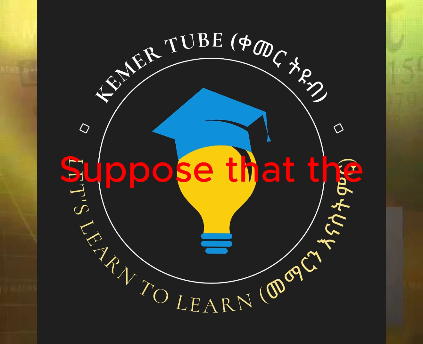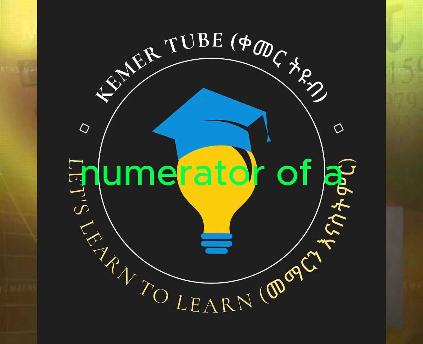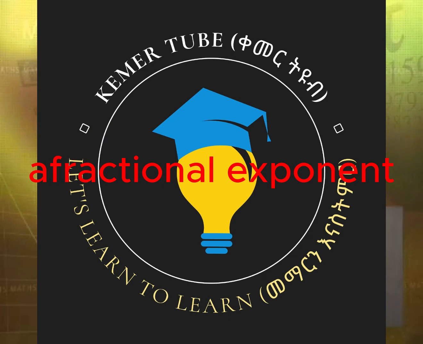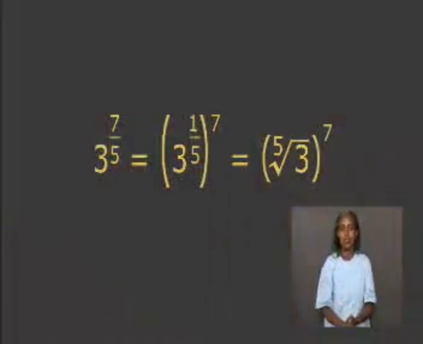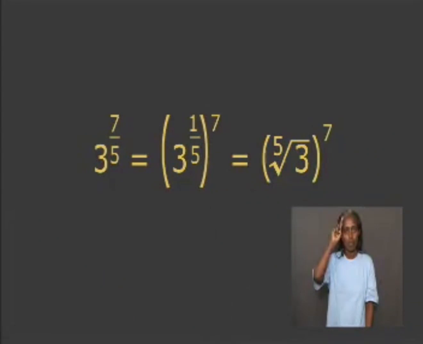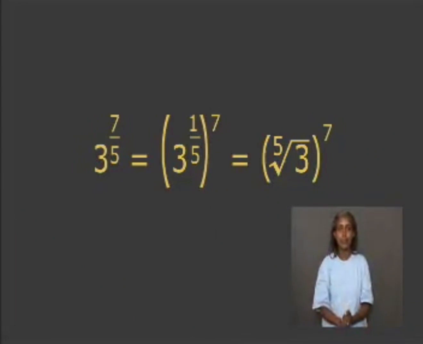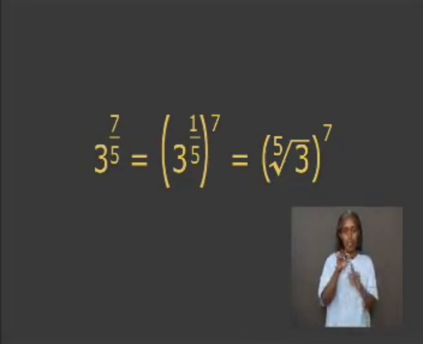Suppose that the numerator of a fractional exponent is not 1. Take 3 to the power of 7 over 5. This can be written as 3 to the power of 1 over 5, all to the power of 7.